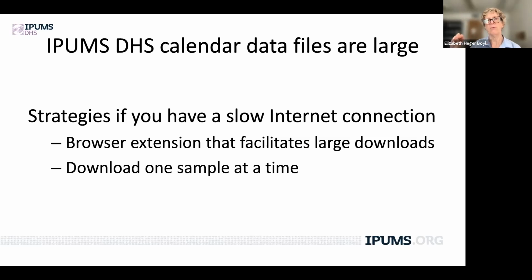So if the download is interrupted, you can come back to it later and continue without having to start all over again. One of those extensions that works for Chrome and Firefox is Download Them All. And Download Them All is all one word, and it has an exclamation point after the end of it. And NIR has used that and recommends it, says it works effectively.